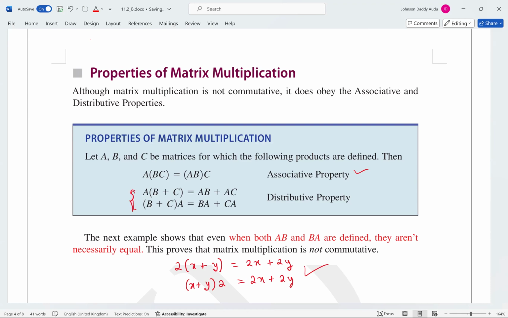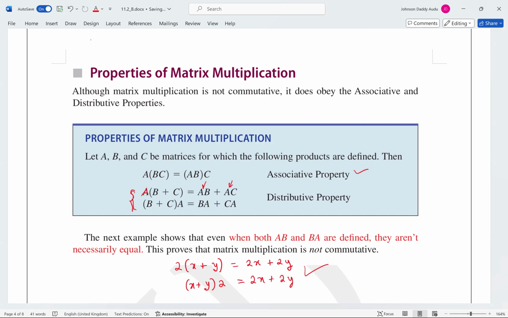So for matrices, when you multiply from the left, A is from the left, so it's going to be AB. The A must always remain to the left. So you cannot write BA. No, they are two different things.